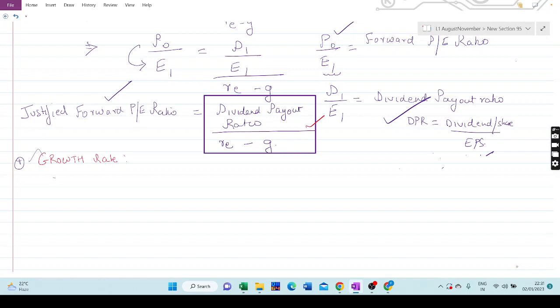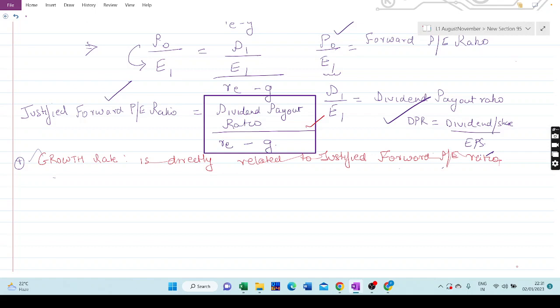Growth rate is directly related to justified forward P ratio.